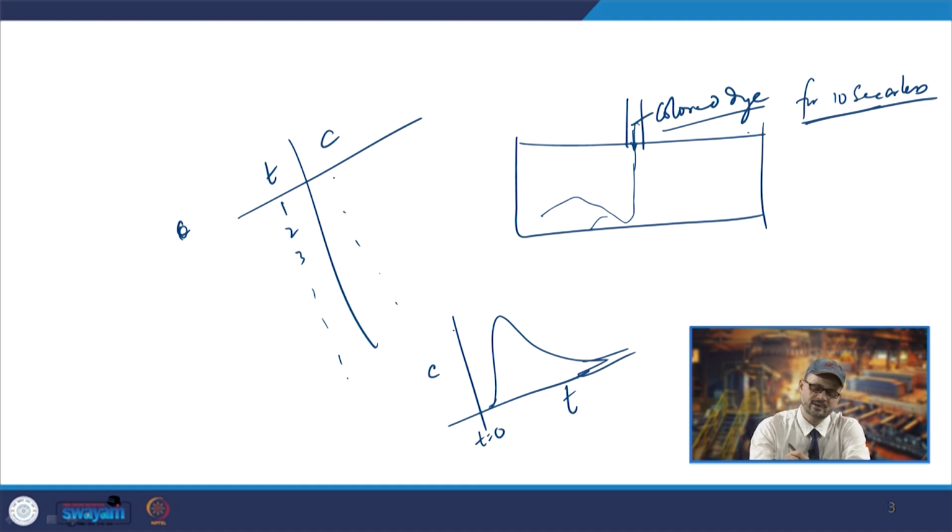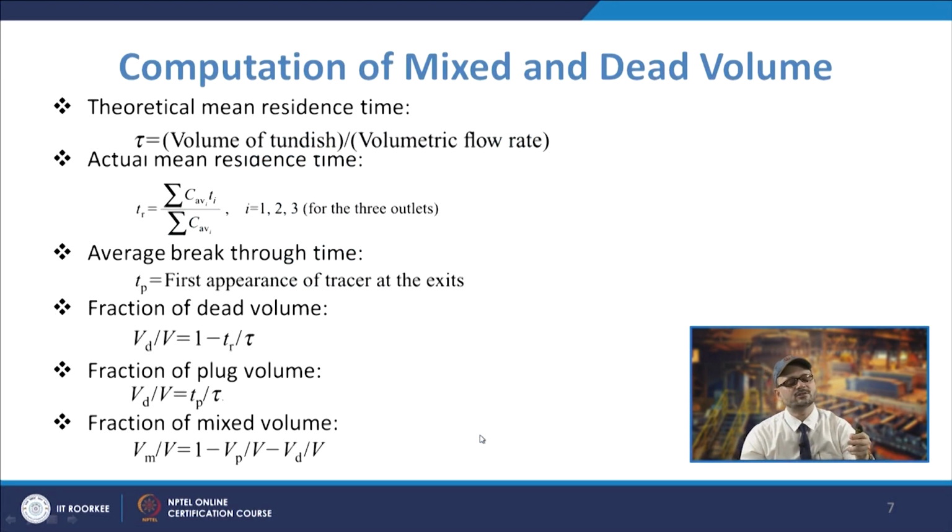At t equal to 0 when the tracer has entered, it takes some time to appear through the outlet. That time is indicative of the plug volume. That is your breakthrough time, and that is Tp. That is the first appearance of tracer at the exit.